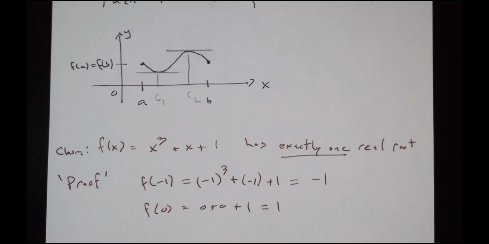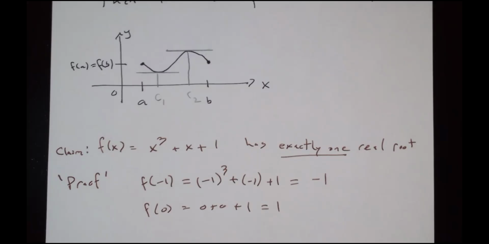I'm looking for roots, and a root is a place where my function is equal to 0. I haven't found an output of 0. But why is this enough to tell me there's going to be an output of 0? There must be somewhere where the output is 0.